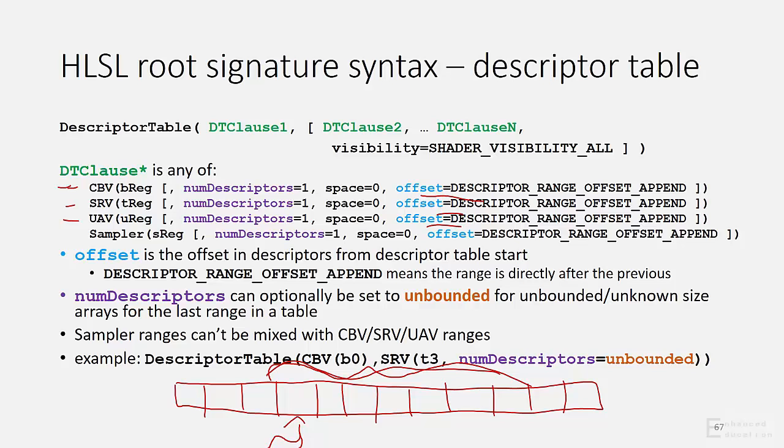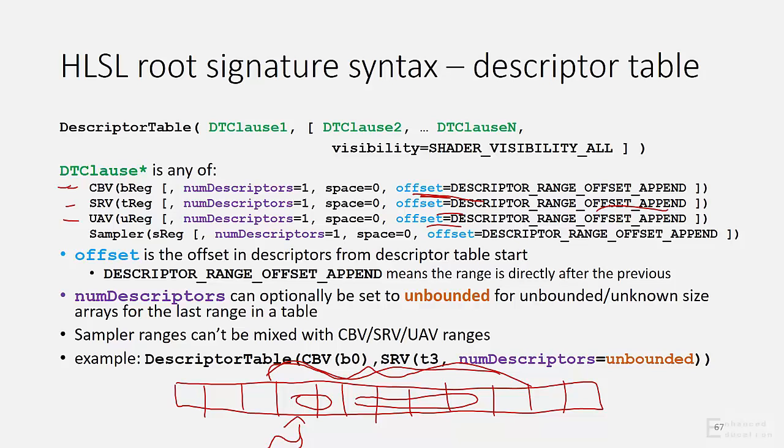So if the first range defines 2 CBs, they would be expected to show up here. And if the next range defined 4 shader resource views, those would be expected to show up here when using the offset append. One of the things that being able to specify an explicit offset allows for is multiple ranges that overlap each other to allow aliasing of registers.